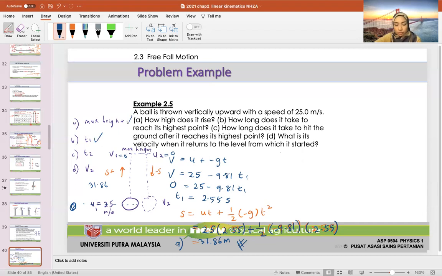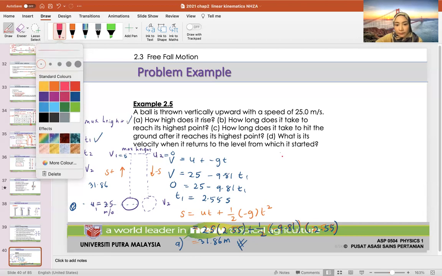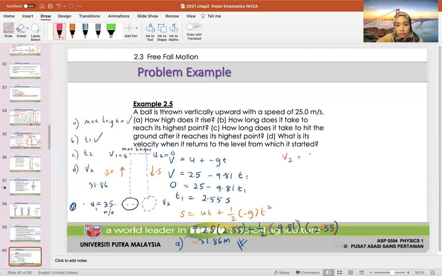And what about T2? What should I do to find T2? Can I use the same equation as the one before? Let's just try. V2 equals to U2 minus GT. So now my U is equal to 0 because I'm starting from here. This is now my motion.